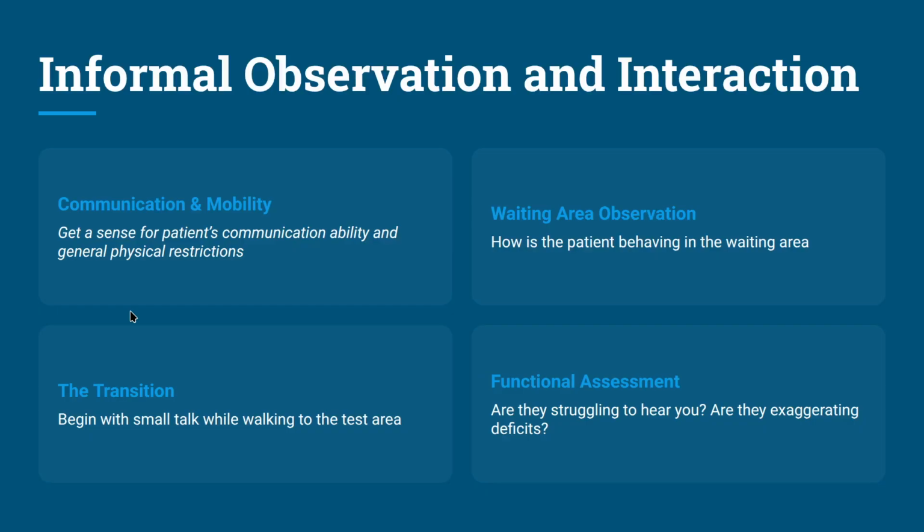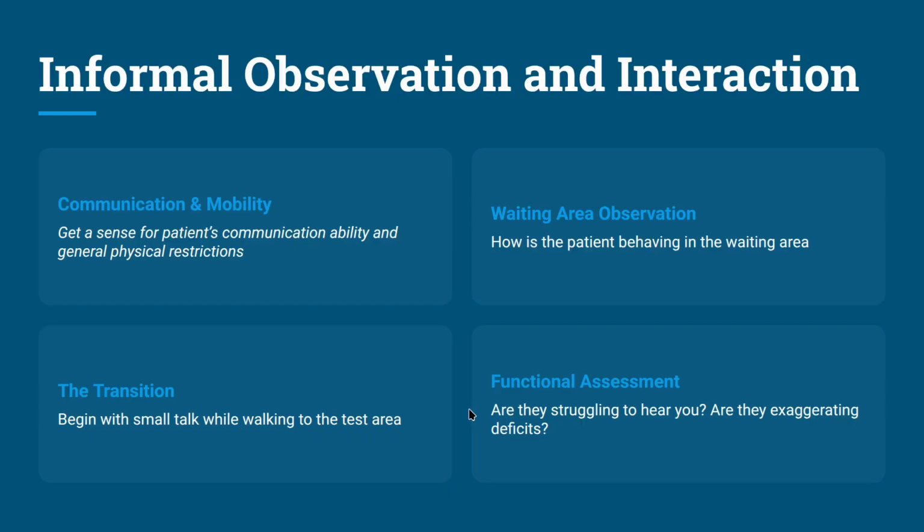The transition between when they're coming from the waiting room area back to your office setting or your test room setting. You typically begin with small talk, and you get a sense for the patient, their disposition, and what they're there for. They may mention that right off the bat, or you might just have a little bit of small talk to break the ice.